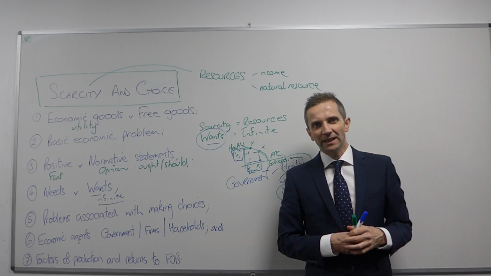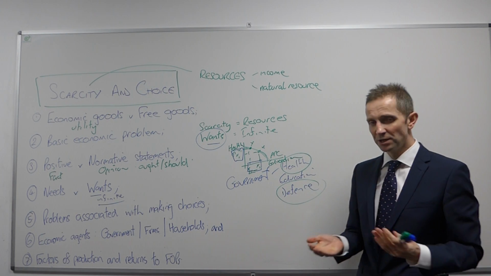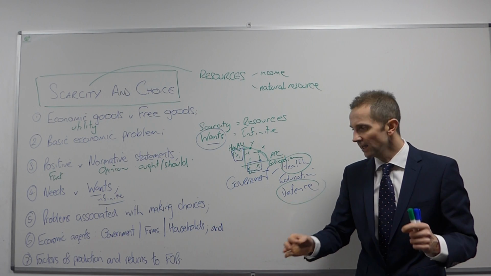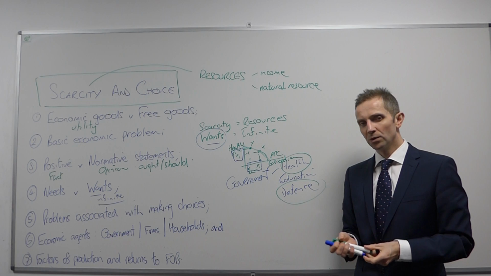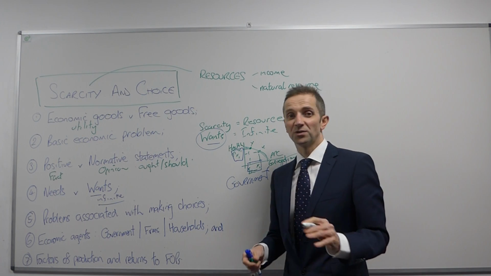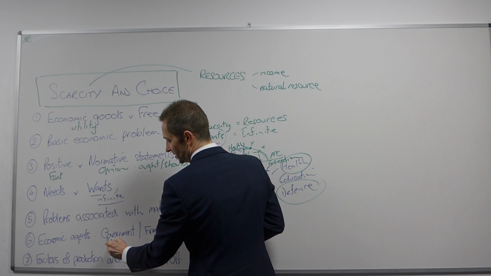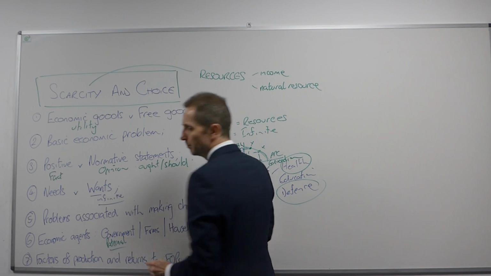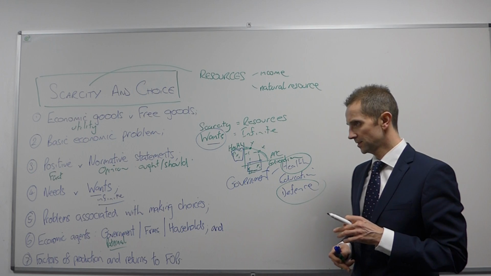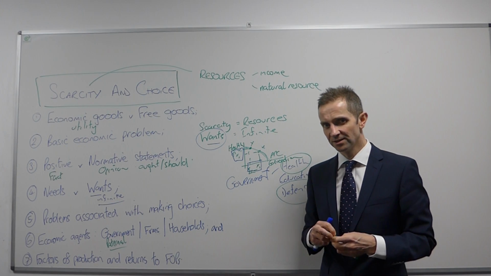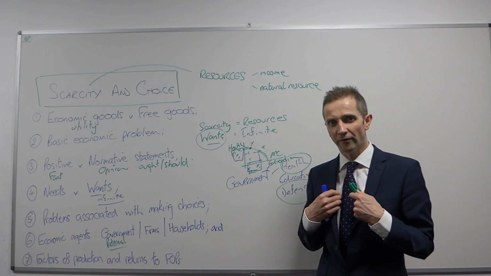Okay, point number 6, the economic agents. So I've mentioned them already. Government, firms and households. These are our key economic agents. What do they do? Well, government are said to have a paternal role. So they have a role in looking after us as their citizens, as the elected representative of the citizens.